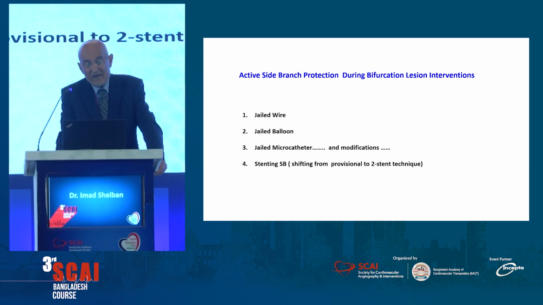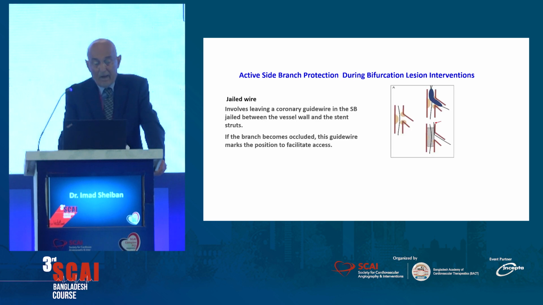Now we have active techniques to protect the side branch. First, the simplest and oldest is the jailed wire, then the jailed balloon, jailed microcatheter modification, and stenting the side branch, shifting from provisional to the 2-stent technique.